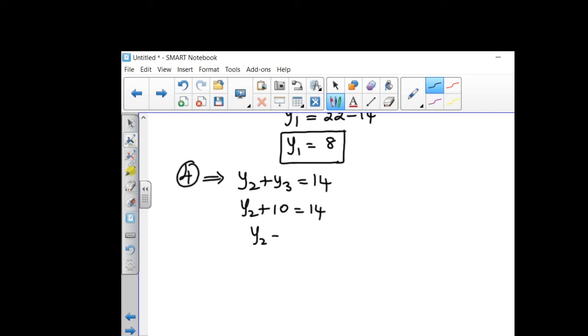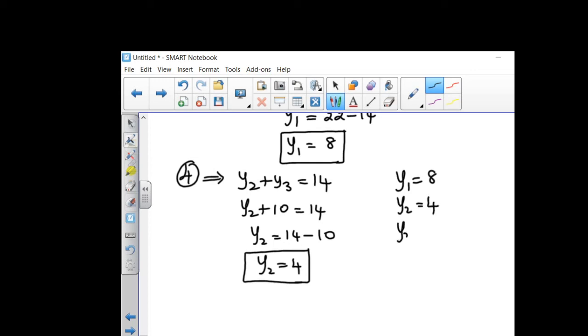Therefore y2 is equal to 14 minus 10. So you will get 4. So what about the y values? y1 is equal to 8 and y2 is equal to 4. Then y3 is equal to 10. Okay, these are the y values.